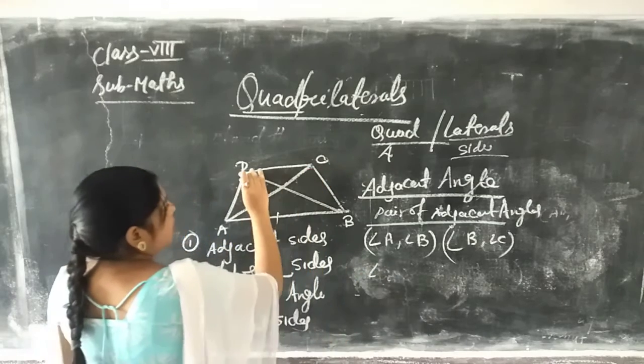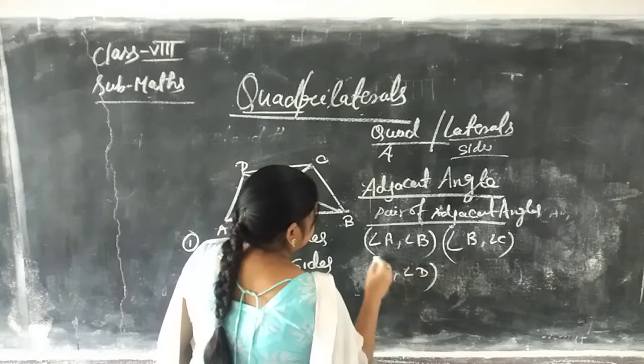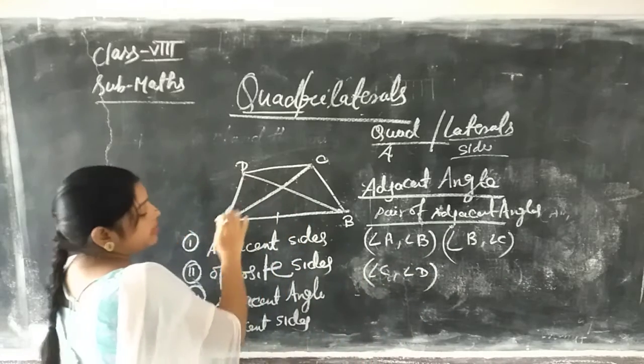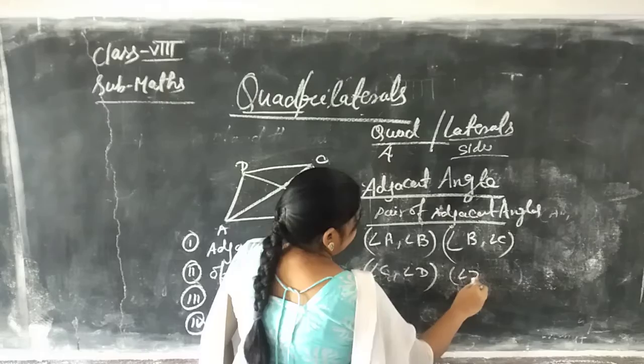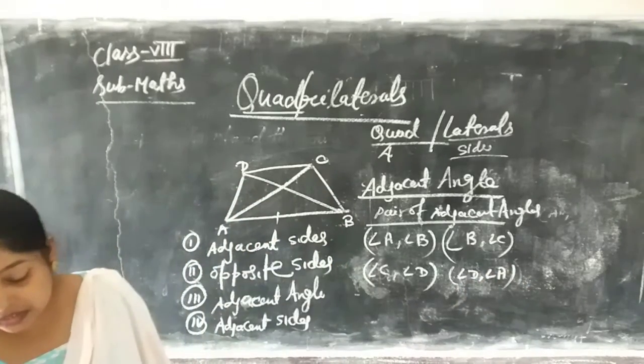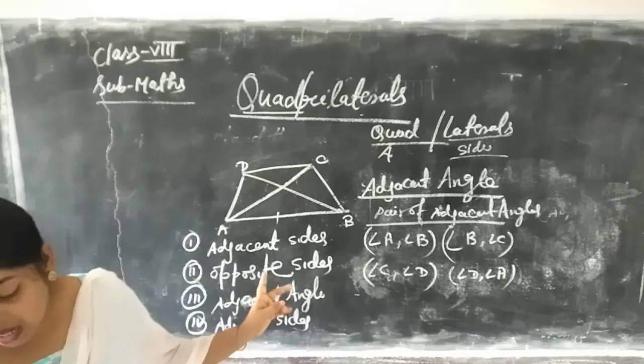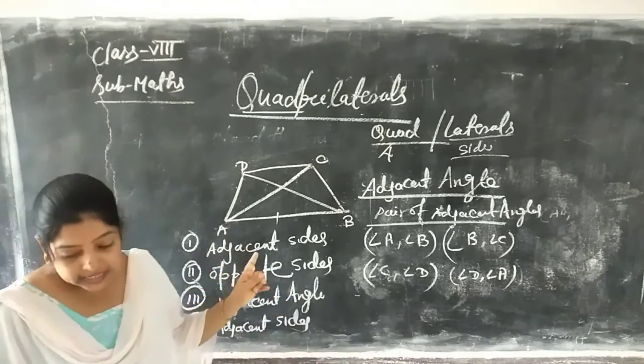In that, the common arm is CD, so the angles are angle C and angle D. And the common arm is DA, meaning angle D and angle A. So these are the adjacent angles. Two angles of a quadrilateral having a common arm are called adjacent angles.